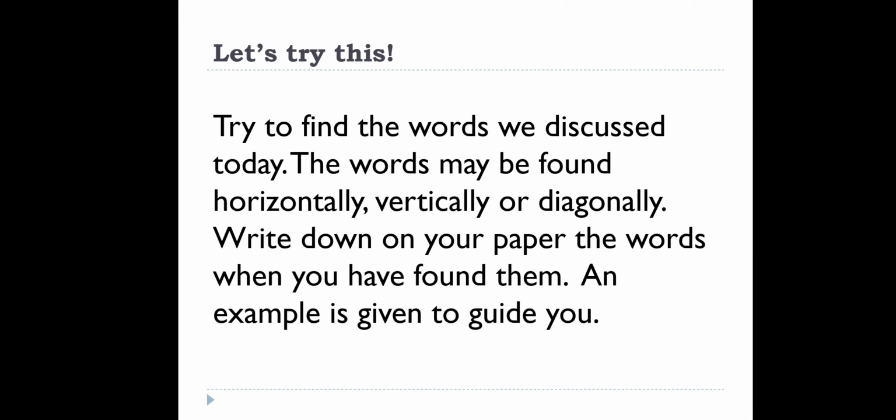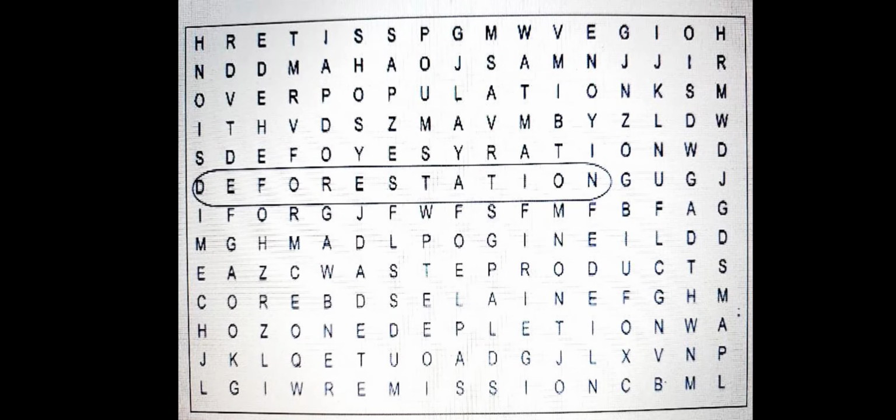Let's try this. Try to find the words we discussed today. The words may be found horizontally, vertically, or diagonally. Write down on your paper the words when you have found them. An example is given to guide you. So this is a puzzle, and you will see the word deforestation.